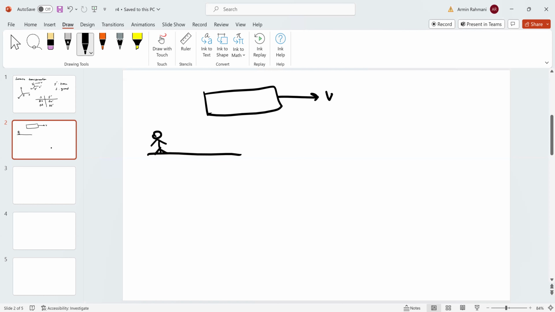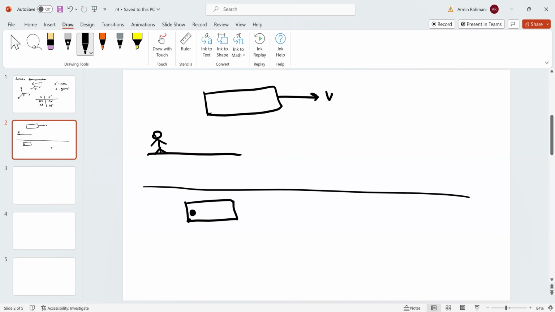Event one is a paint bomb on the left-hand side of the train explodes, and at the same time leaves a mark on the ground and on the train. Event two is another paint bomb in the front on the right-hand side explodes and leaves a mark both on the train and on the ground. So we have this scenario. This happens first, and then there's a mark already here, and then this happens.